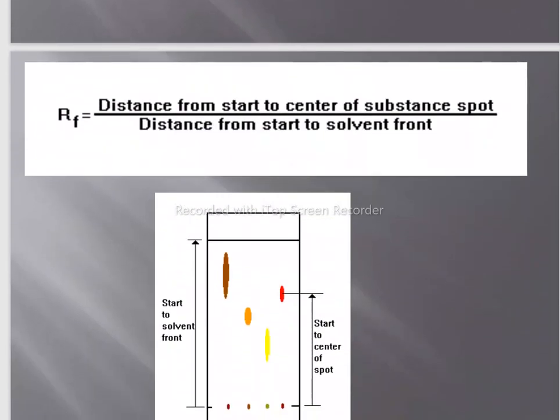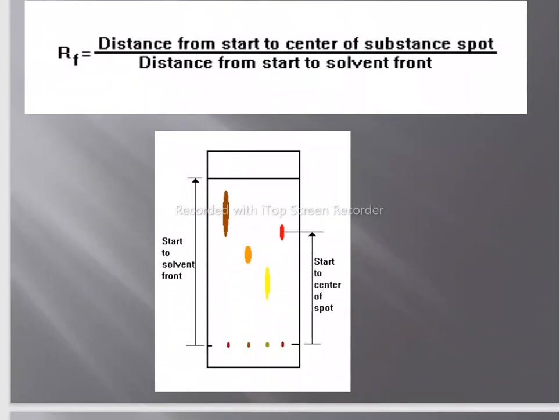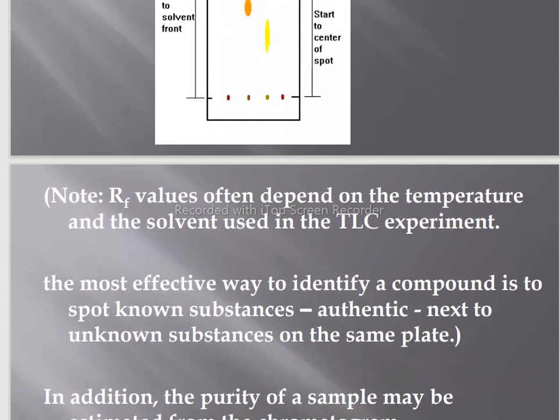So, what is the RF value? RF is equal to the distance from the start to the center of the substance spot divided by the distance from the start to the solvent front. Note, the RF value often depends on the temperature and the solvent used in the TLC experiment.